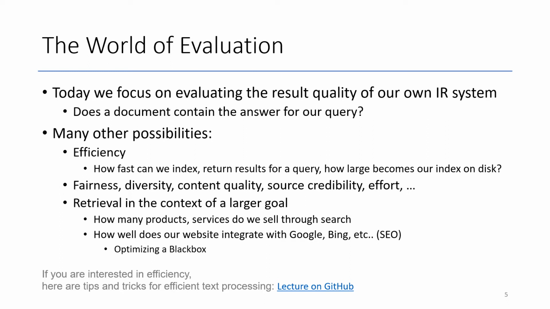Very important is the efficiency, so how fast can we index and return results for a query, and how large does our index become on the disk if we want to save it. Then there are a range of other dimensions that we can evaluate on. How fair are our results? How diverse? How good is the content quality? The source credibility? How much effort does it take for a user to get the information from a document or a snippet?